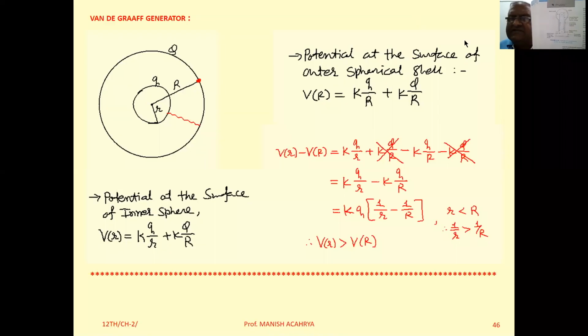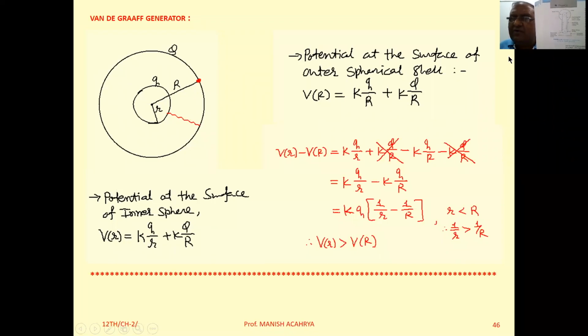Now this one is the schematic diagram for the construction of the Van de Graaff generator. So these two pulleys are connected by a non-conducting belt. From the lower part, a continuous spray of charge takes place.